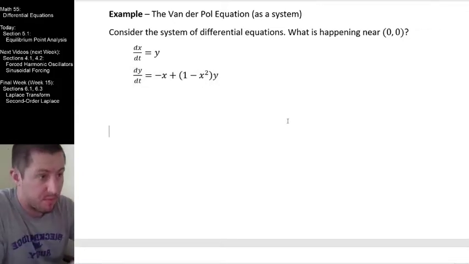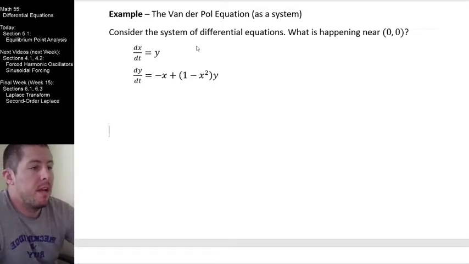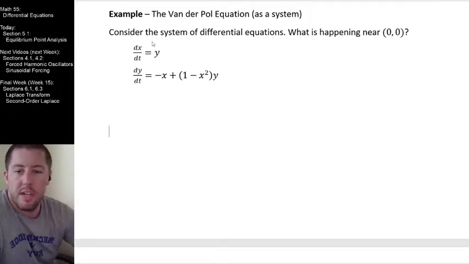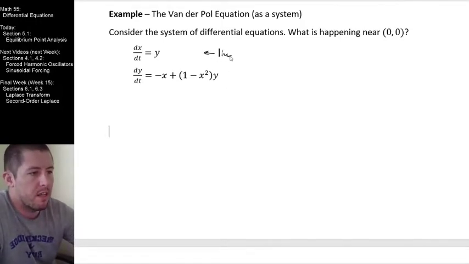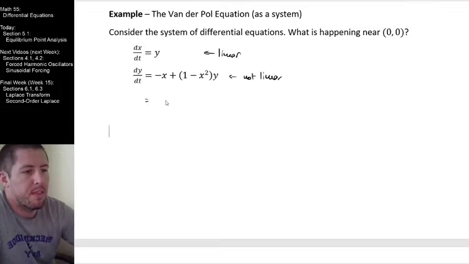So the first thing that I'm thinking to myself right here is that this first differential equation doesn't seem to be problematic to me, but this second one is, because this is not linear, right? So I'm going to say here, this is a linear differential equation. This is a not linear differential equation here. So I'm going to kind of expand this guy a little bit, right? This is negative x plus y minus x squared y.